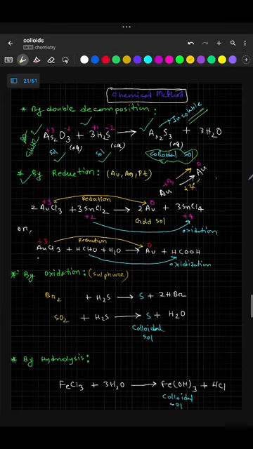And we can see another reduction here, which has the same mechanism. I hope you understood what I meant by it.